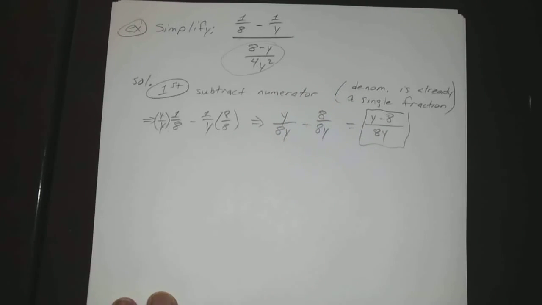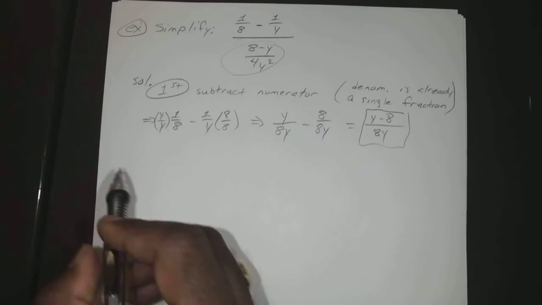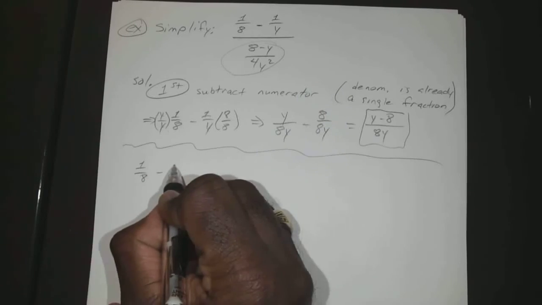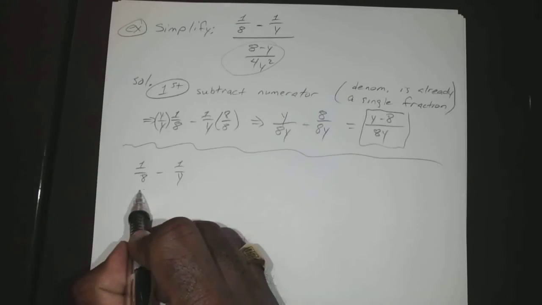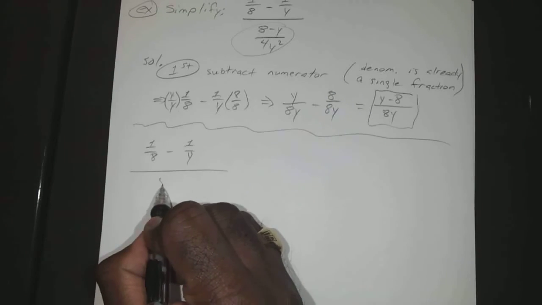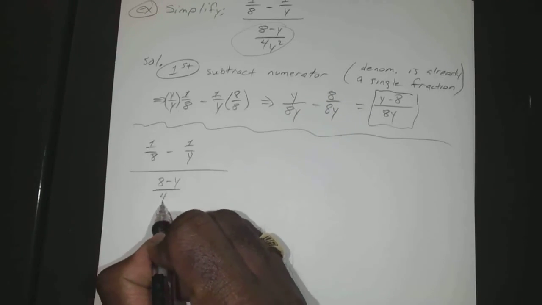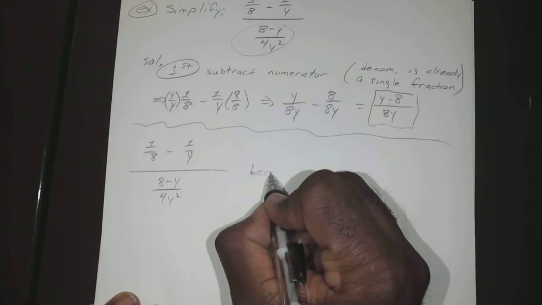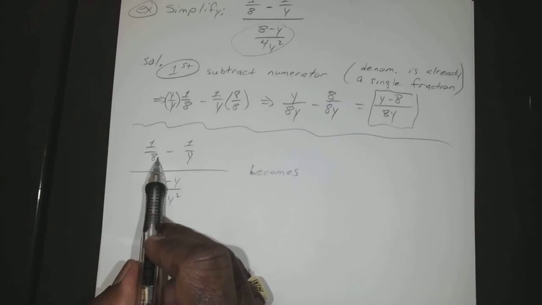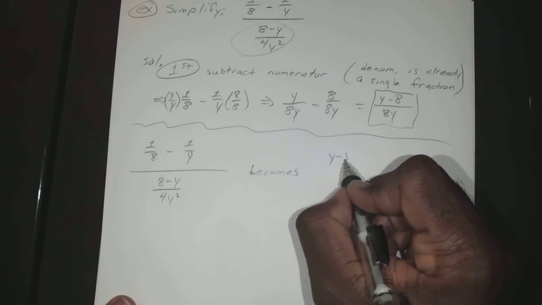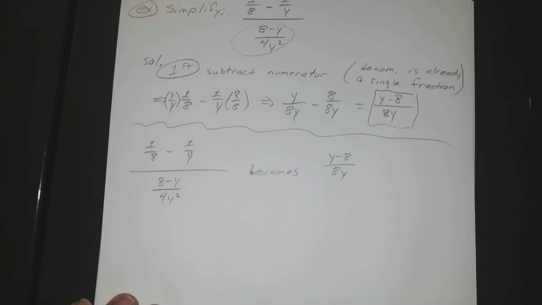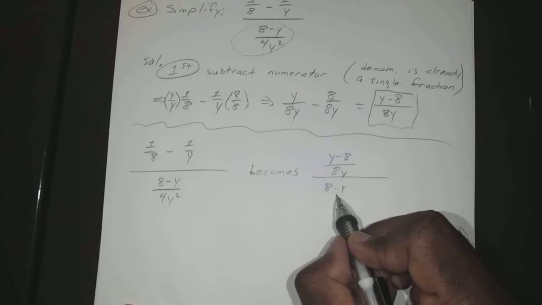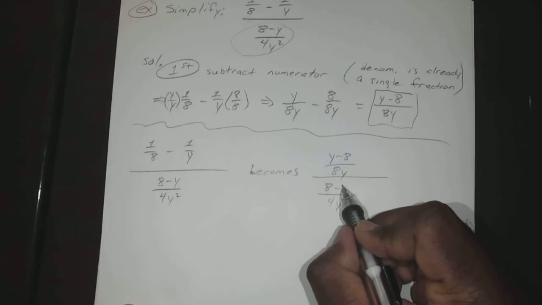Okay. And again, we don't have to do anything to the denominator, at least not yet. So that means our 1 over 8 minus 1 over y, divided by 8 minus y over 4y squared, becomes, in the numerator, y minus 8 over 8y, divided by 8 minus y over 4y squared.